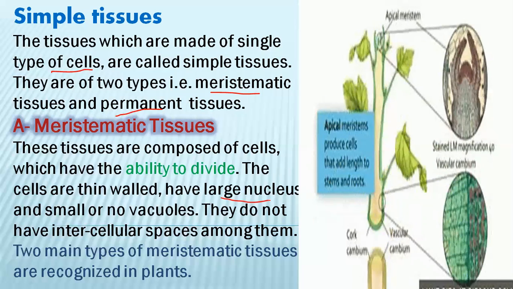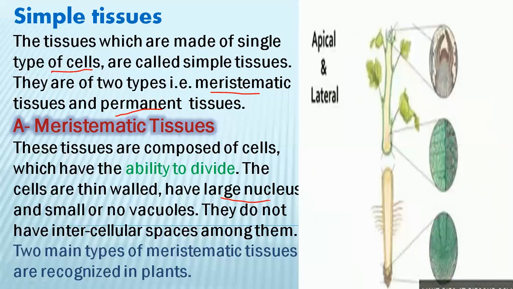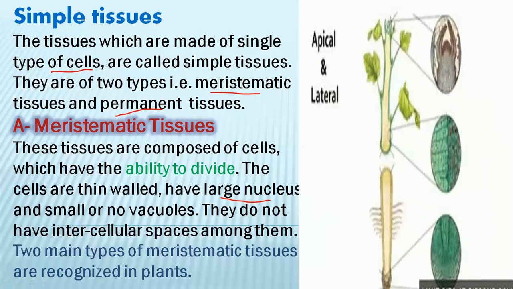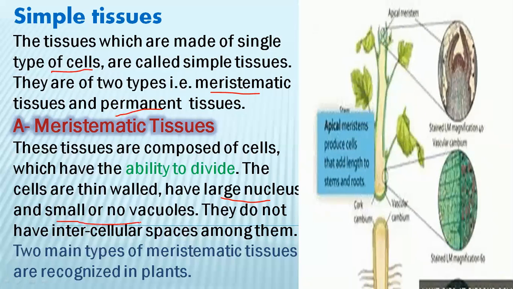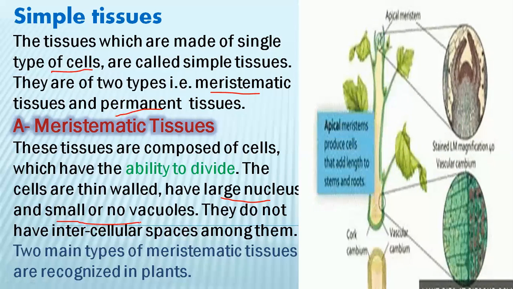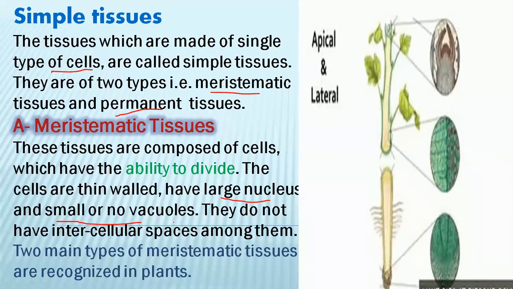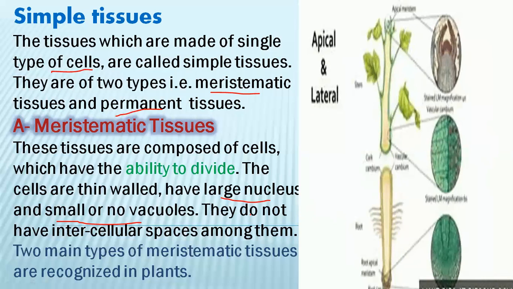The large nucleus is for division. What does it mean? If it has a large nucleus, the nucleus will be in the center and it does not have a large vacuole. There are no vacuoles, or a very small number of vacuoles. So it means these are not mature cells.